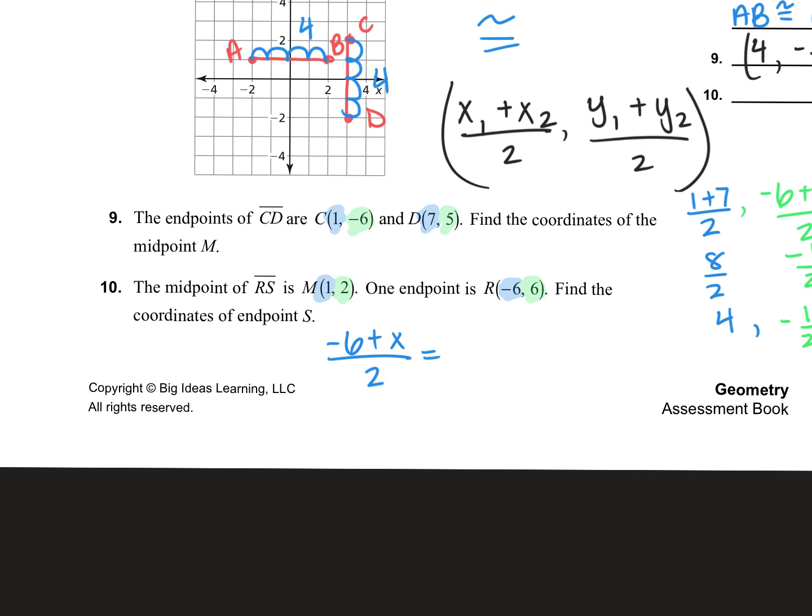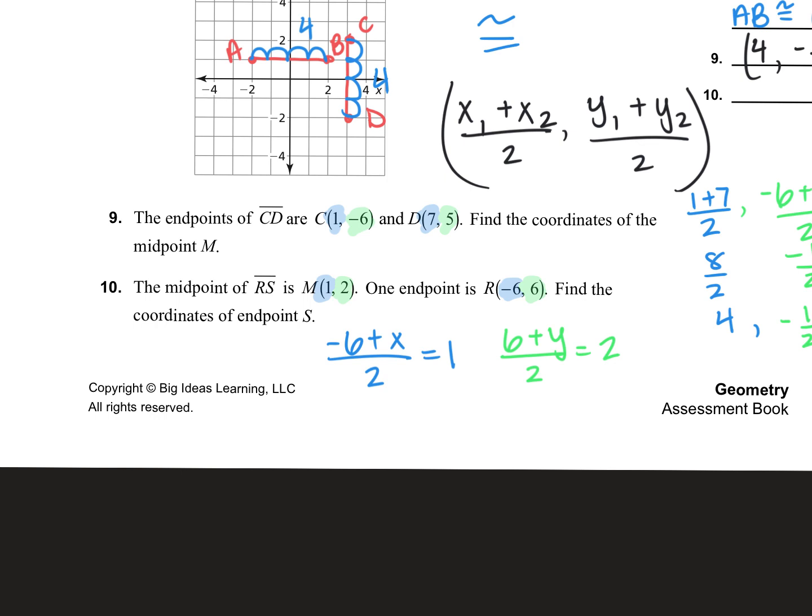My midpoint, which is 1. Okay, I'm going to set up my Y side. 6 plus, again, the endpoint I'm solving for, divided by 2 equals 2. This is what it should look like set up.